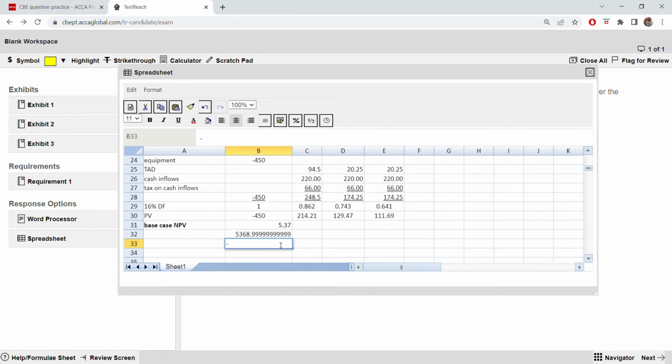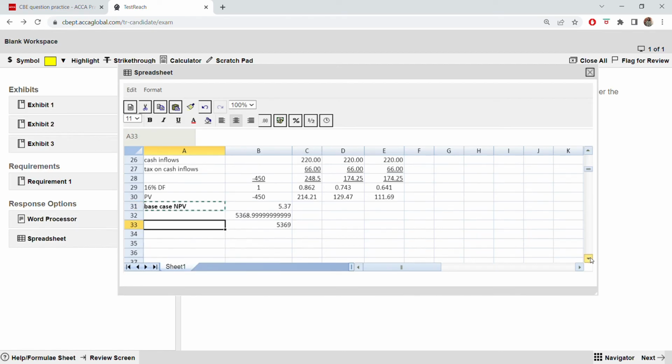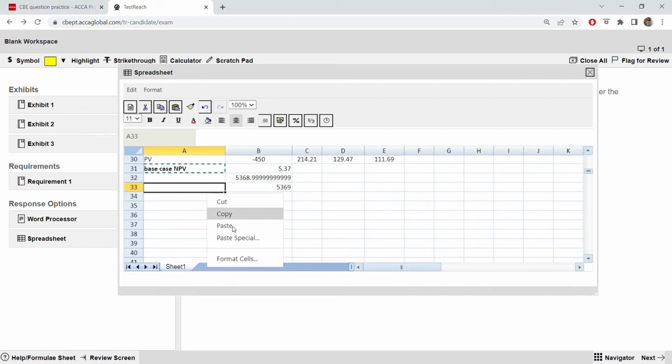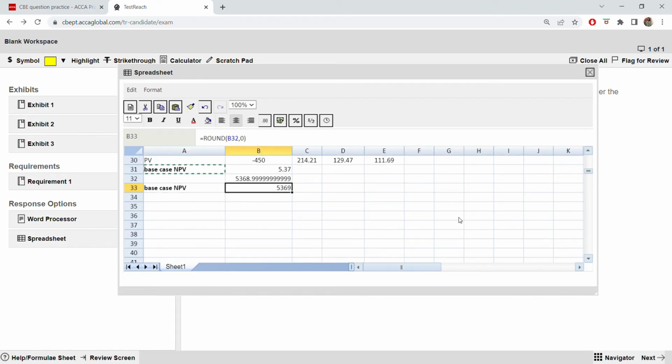Equal to round, take this number, comma 0. It's always comma 0. You can even write this base case net present value here. You need to go down if you cannot see all the options. Paste. You see, bold. 5369.